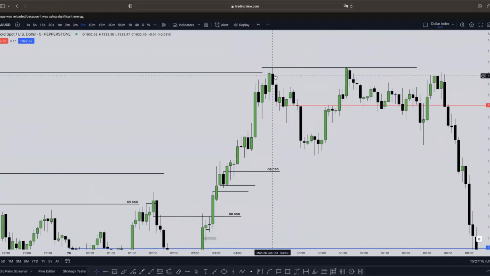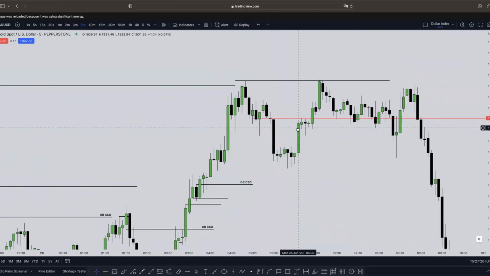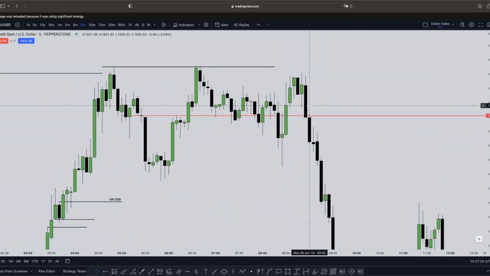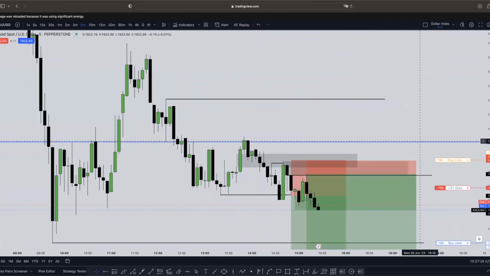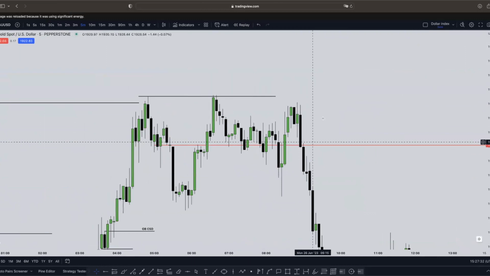Price goes up, up, up, up, up, up. Here we enter the dead zone somewhere here. Okay, and now as we enter the New York session, which you see over here, this one here, is a dual liquidity sequential reversal macro that leads into a continuation macro.